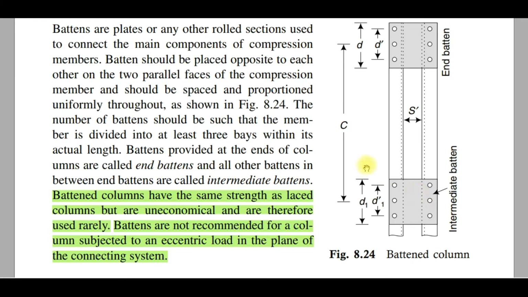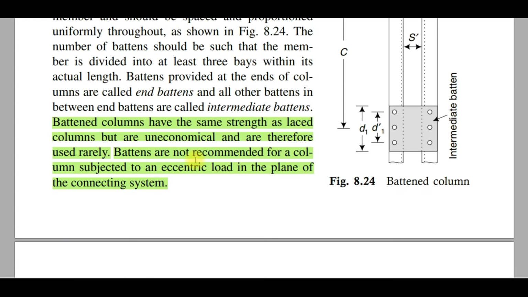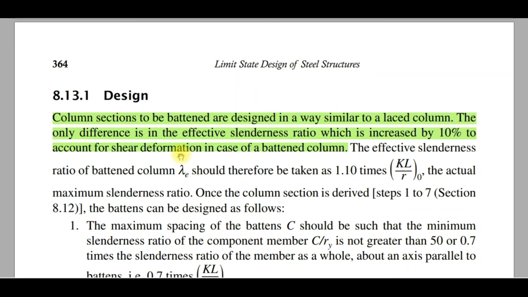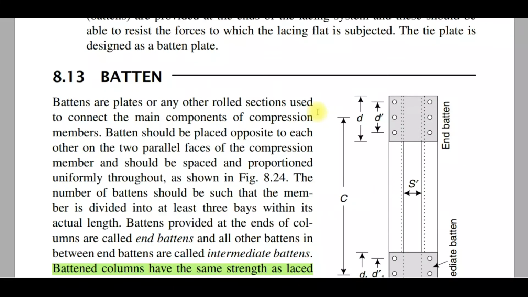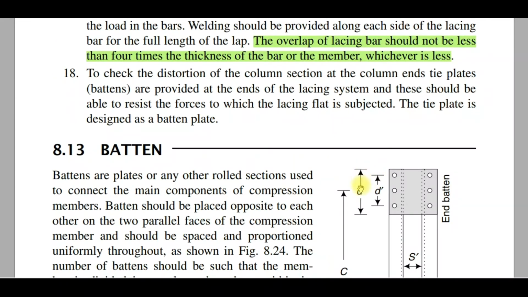Okay, so now what are the parameters involved in the design of an end batten or tie? Important points that I will mention: we need this depth. See here in this figure, we need this depth, this is d dash, and this is the width. You can find this width.